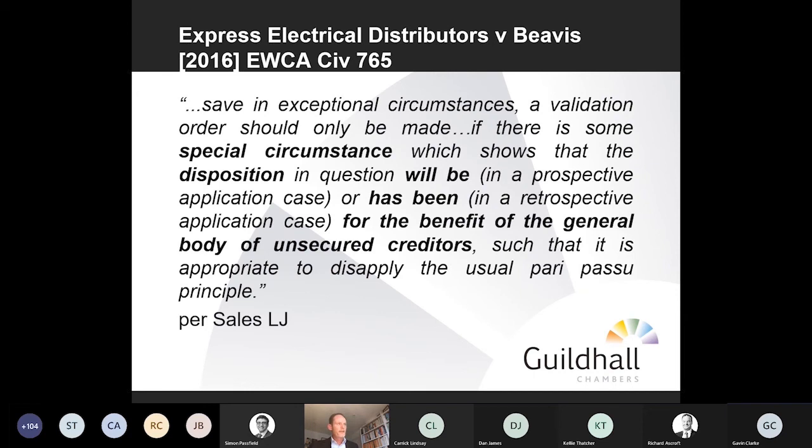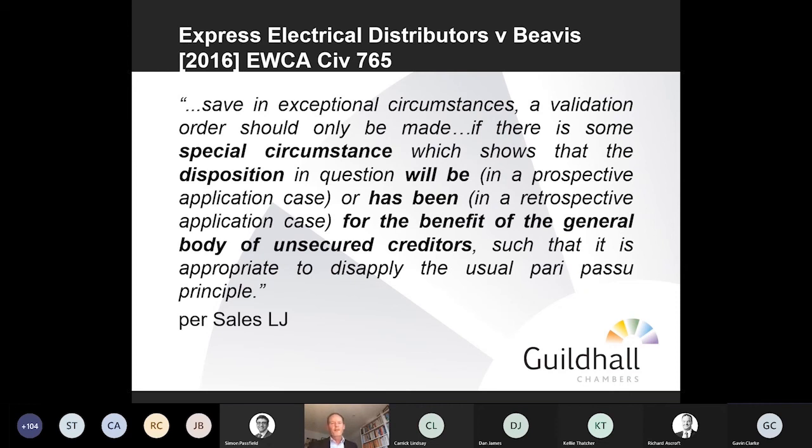So critically, a balance needed to be struck, and there needed to be particular evidence of a special circumstance which would show that the disposition in question was or has been for the benefit of the general body of unsecured creditors. And we'll come on in a moment to look at prospective and retrospective cases, but that was a significant shift in the kind of prevailing approach that the court took to those kind of applications.